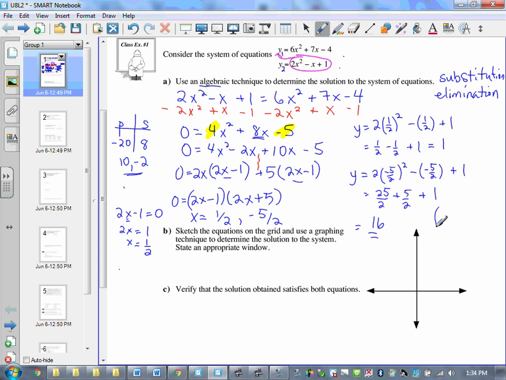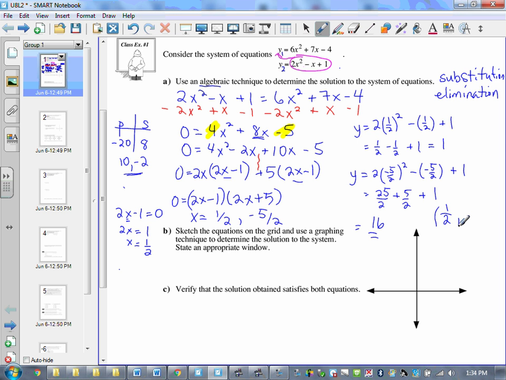What x equals, what y equals. What is y when x is 1/2? Do you want to phone a friend?